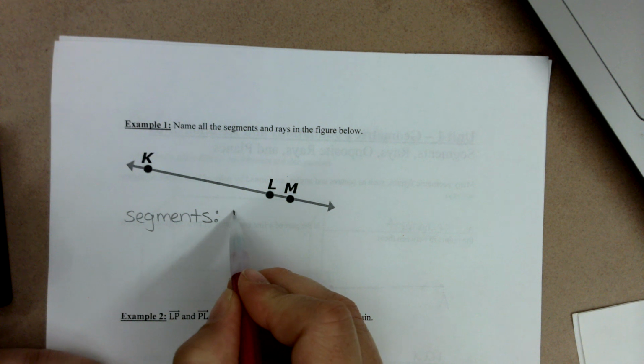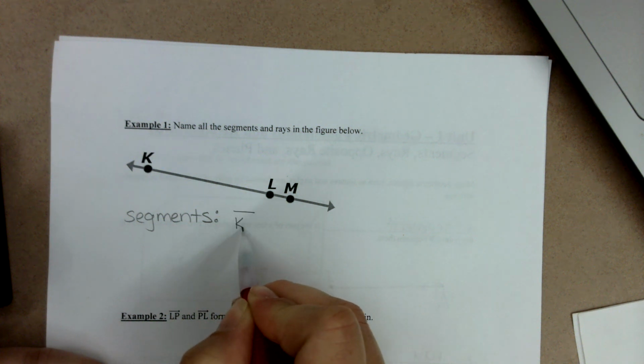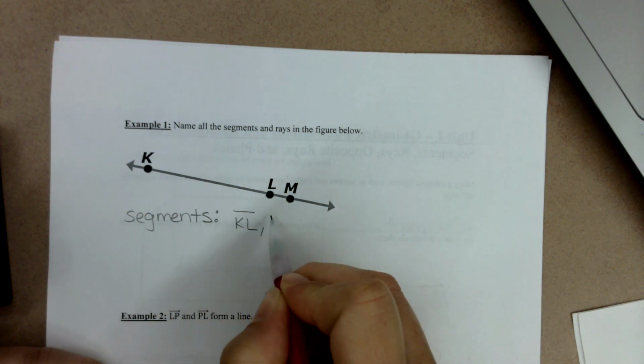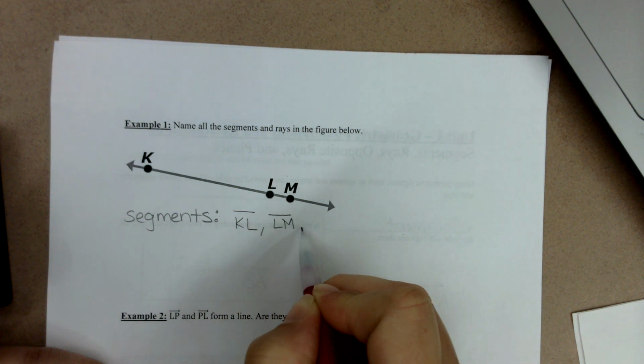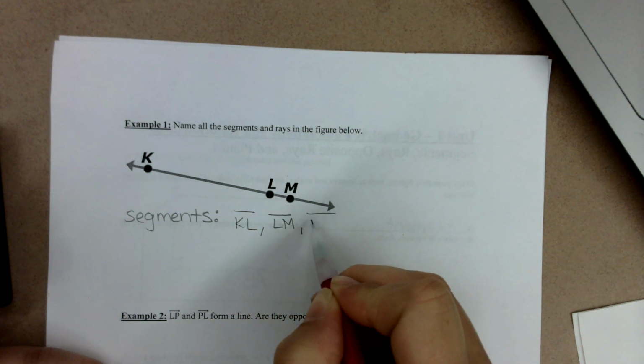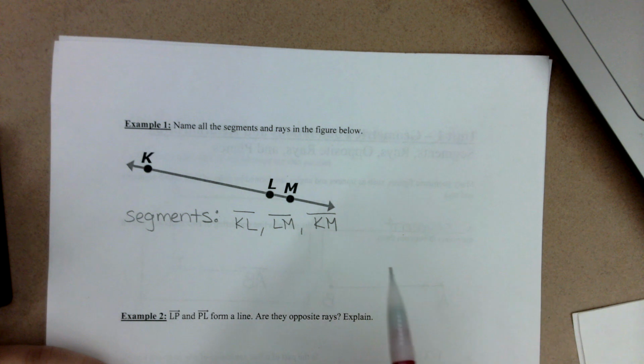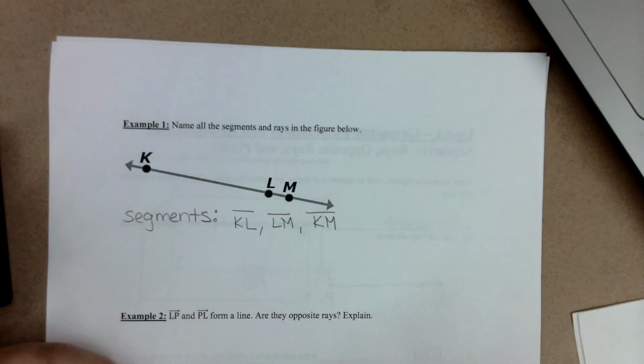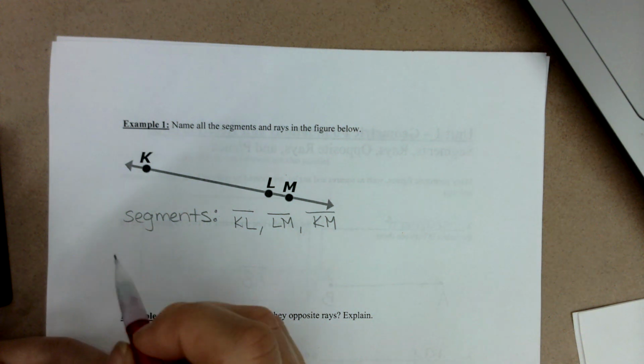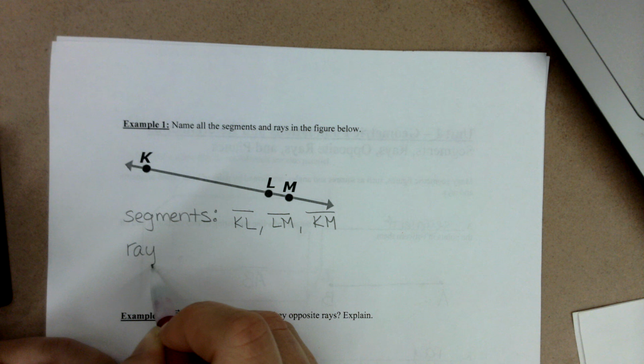The segments are segment KL, segment LM, and segment KM. When you write a segment, it's just the two letters with the line on top. And then you have the rays.